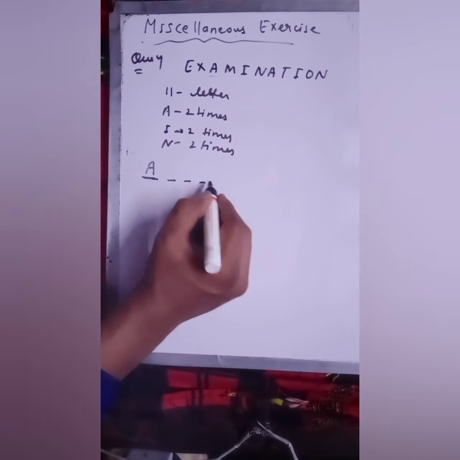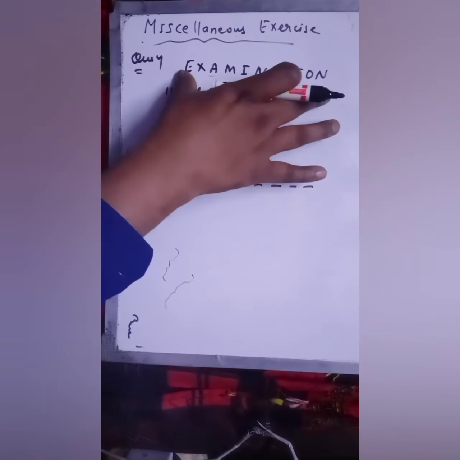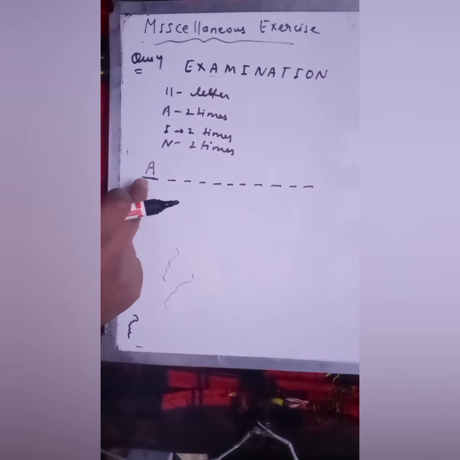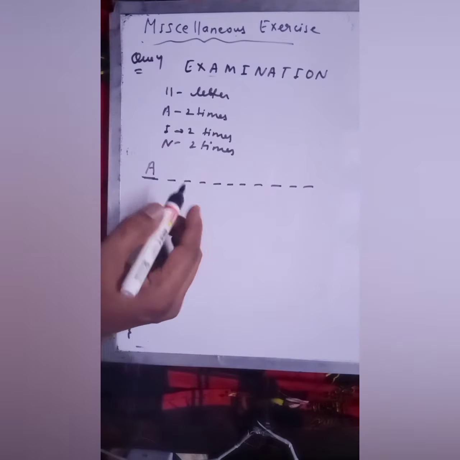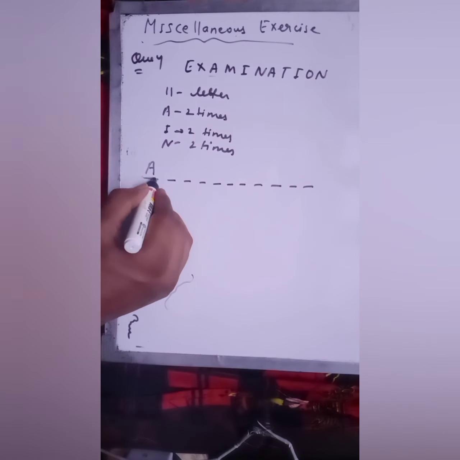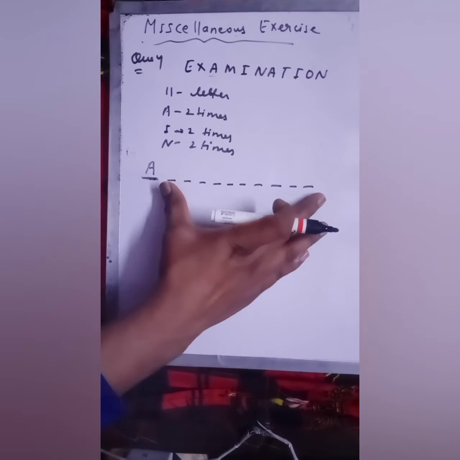next to 10 position, 6, 7, 8, 9, 10, because there are total 11 words. Okay, so we have fixed A, only A is coming before E. So if we fix A at this extreme position, now we have 10 choices to fill.